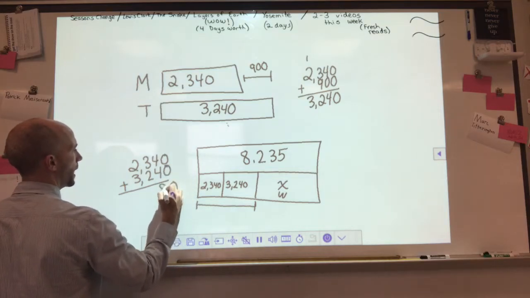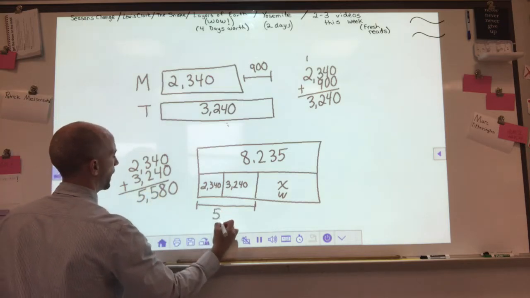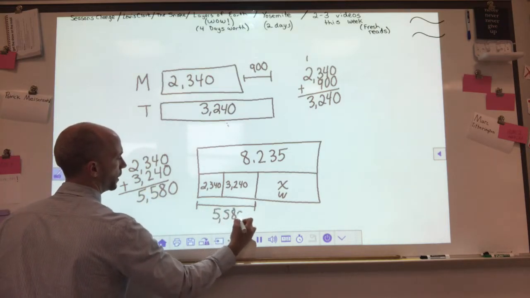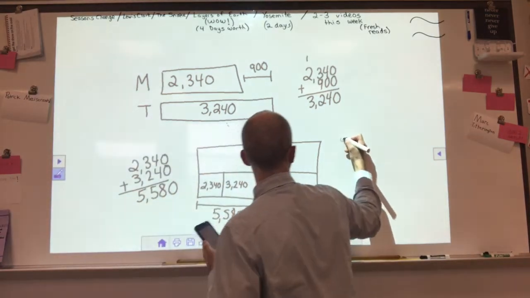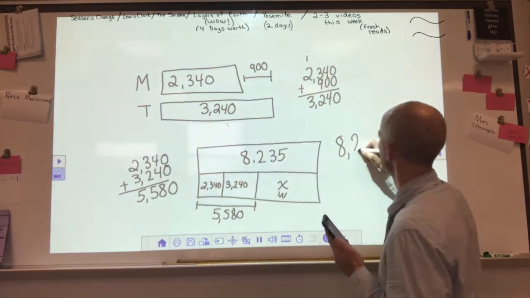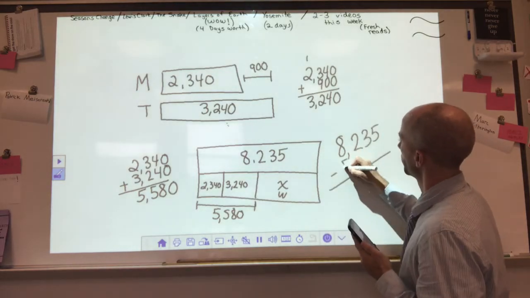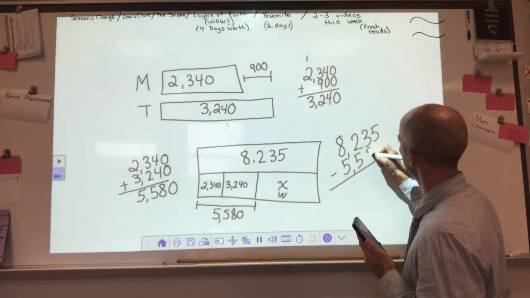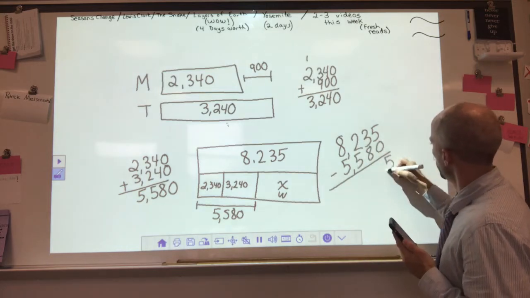0, 8, 5, 5, giving me 5,580 visitors in Monday and Tuesday. So now I'm going to take that away from my total amount of visitors, which was 8,235 minus 5,580. Okay? 5 minus 0, 5.